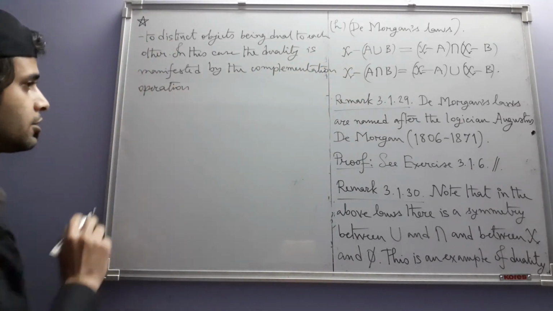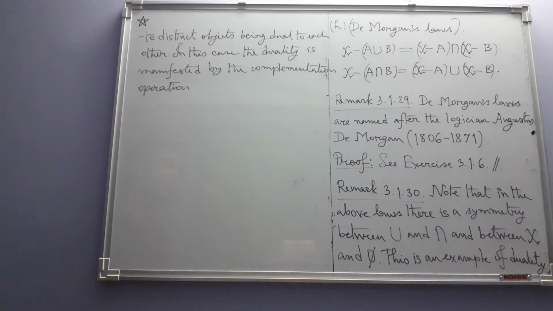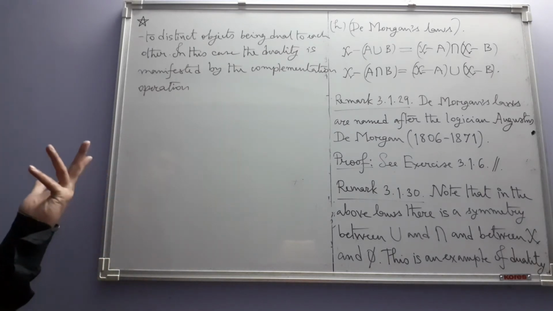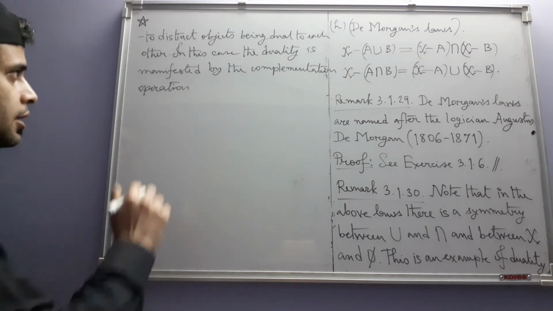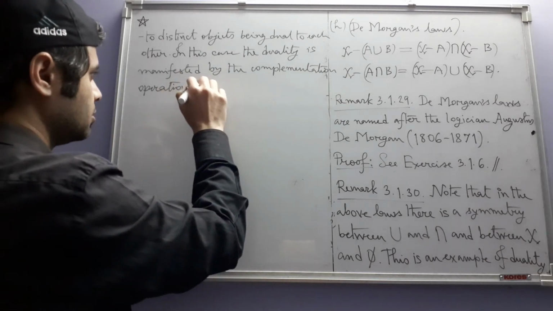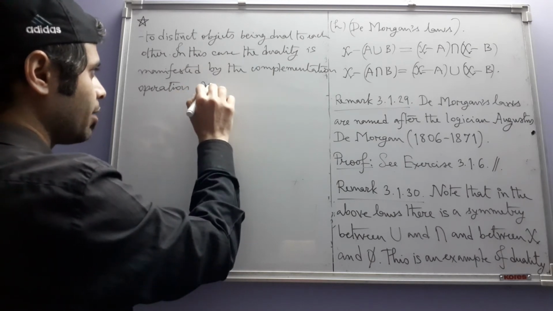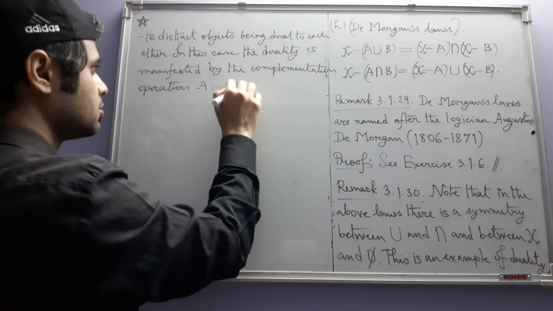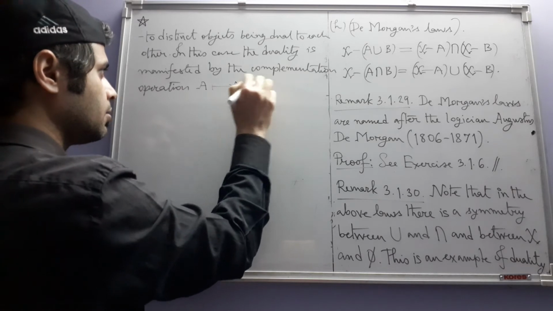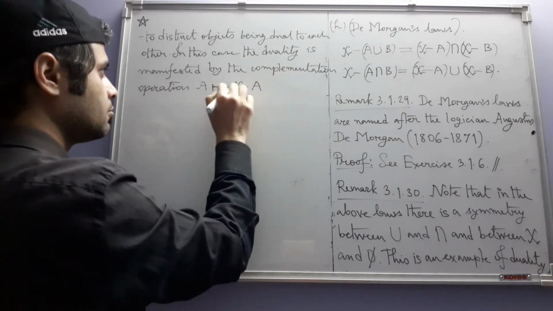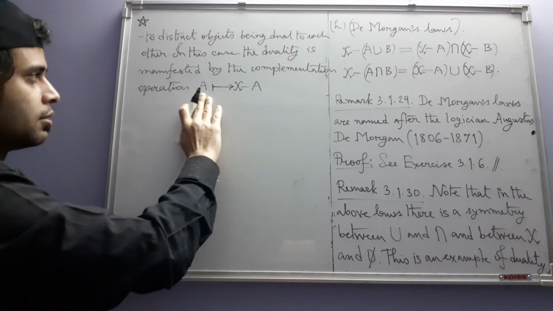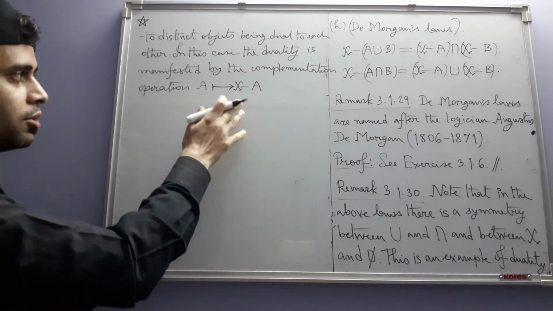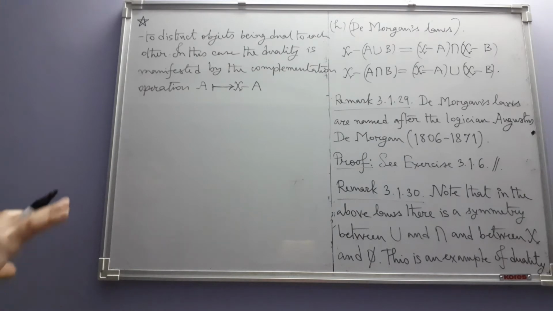See, now it does not say anything about complements, but because we know what the complement of a set in a given set is, we know what this operation is, which just maps a set to its complement in X. This symbol is maps to. Okay. We will see more about this when we learn mappings and functions.